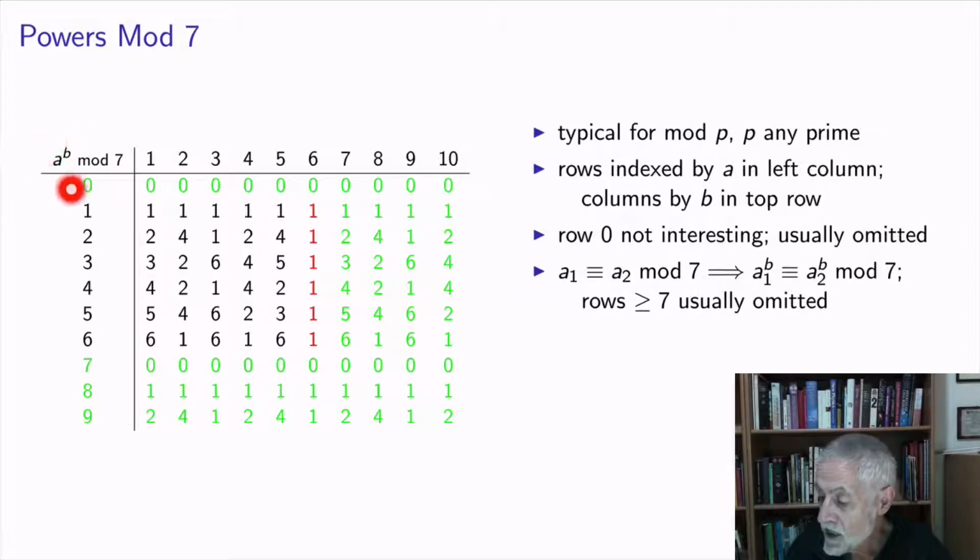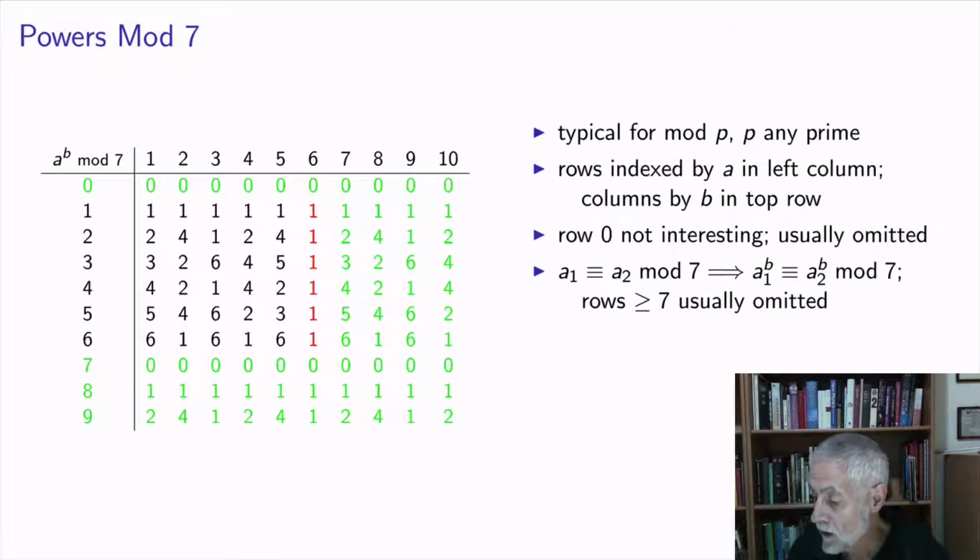Because exponentiation, a to the power b, is just repeated multiplication, it's a multiplied by a b times, then by the usual modular rule for multiplication, and because we're working mod 7, the rows will repeat themselves every 7th row.